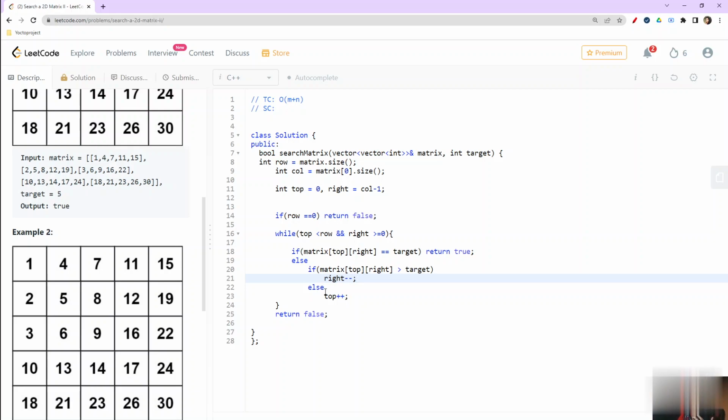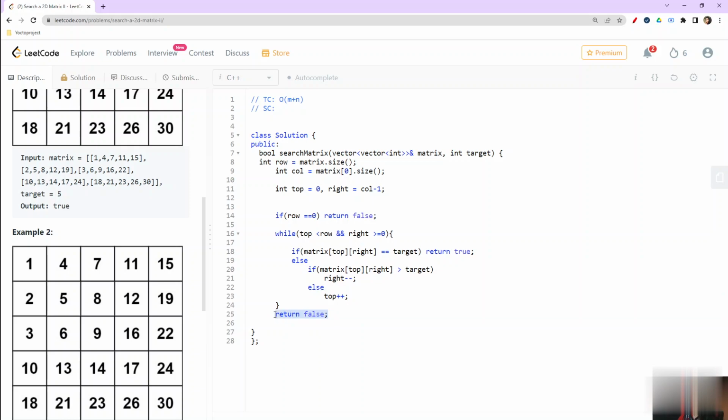Else we'll do top plus plus. The thing is that now we have checked our particular row, so now we are required to move towards the second row. So that's why we would be doing top plus plus. And that is how this particular question works.